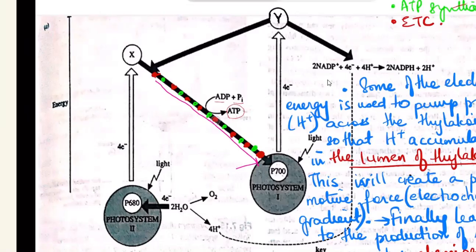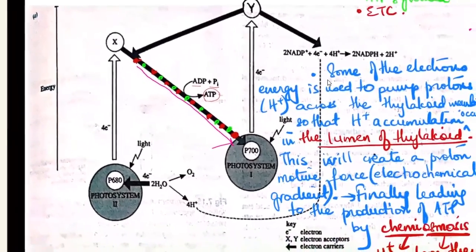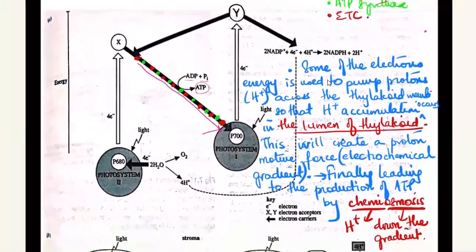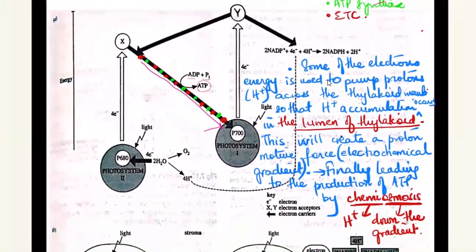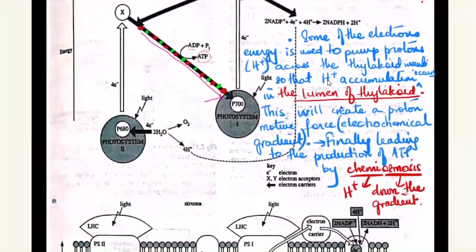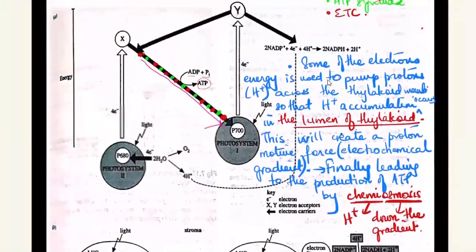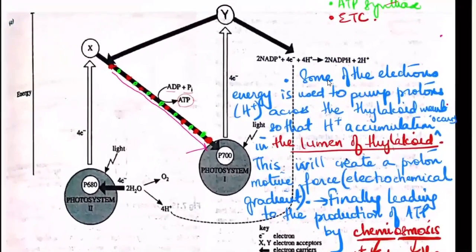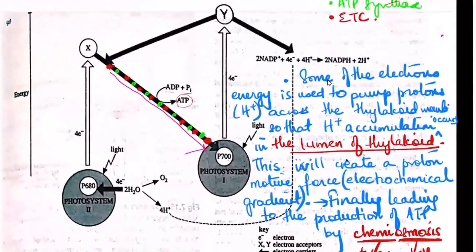So basically, miss, I would start off with electron carrier X, move on to photosystem 1 and then Y. And technically, I'd probably just focus on cyclic. So if I start off with electron acceptor X, our electrons contain energy, and as they move along the electron chain, some of the electron energy is used to pump protons across the thylakoid membrane into the lumen of the thylakoid.